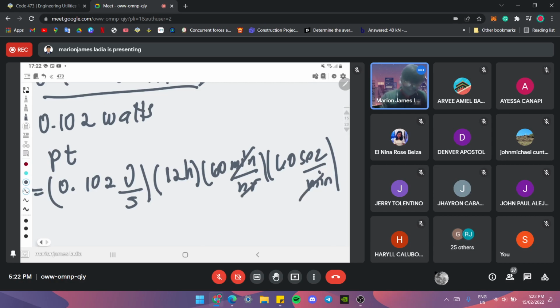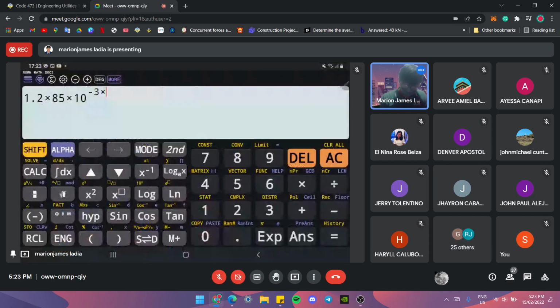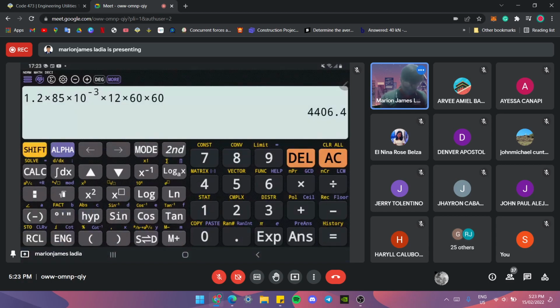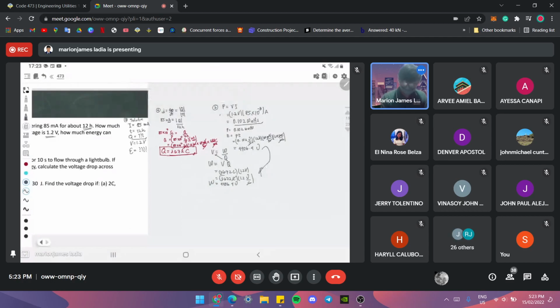So it will cancel. So we'll have a value equal to, so multiplied by 60 multiplied by 60 multiplied by 4406.4. They are the same, joules. Okay? So times 12 times 60 times 60. 4406.4. So they are equal. So in either way, they are correct. Okay?